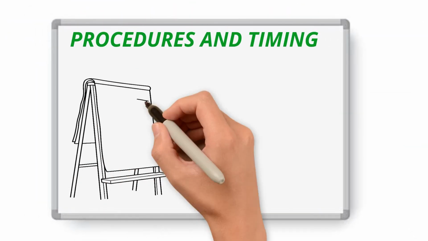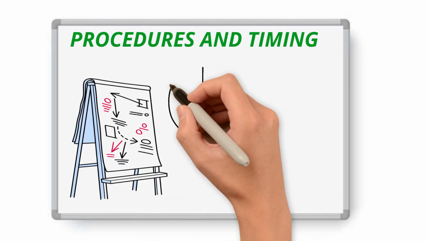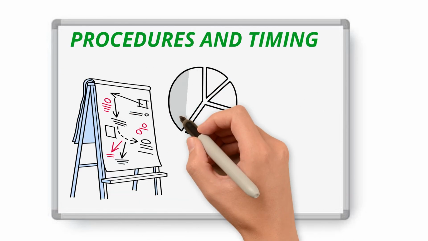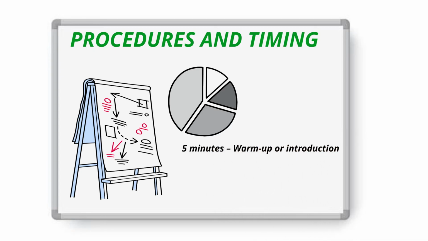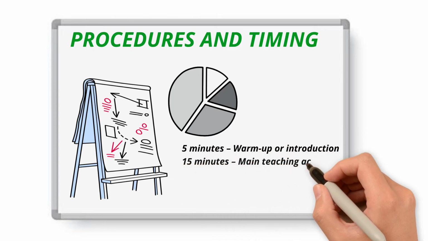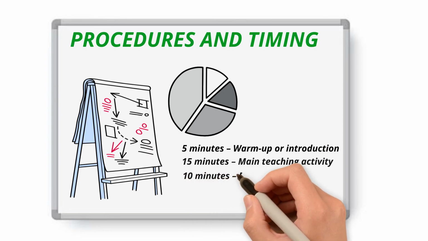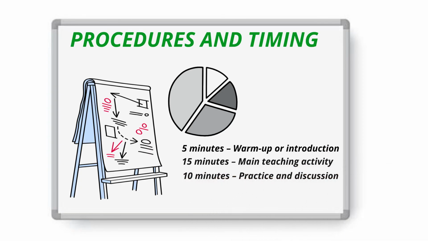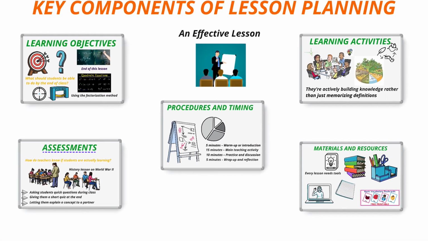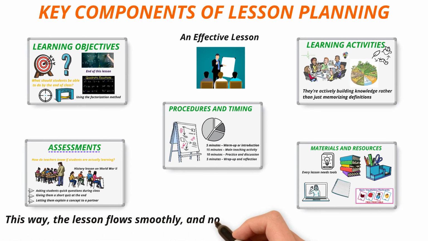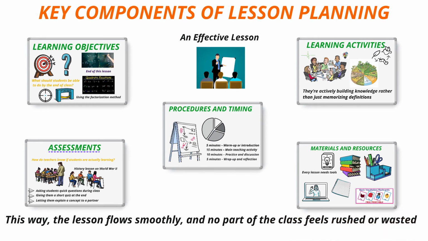A well-structured plan also breaks the lesson into steps with clear timing. For example, a 5 minutes, warm-up or introduction. A 15 minutes, main teaching activity. A 10 minutes, practice and discussion. A 5 minutes, wrap-up and reflection. This way, the lesson flows smoothly, and no part of the class feels rushed or wasted.